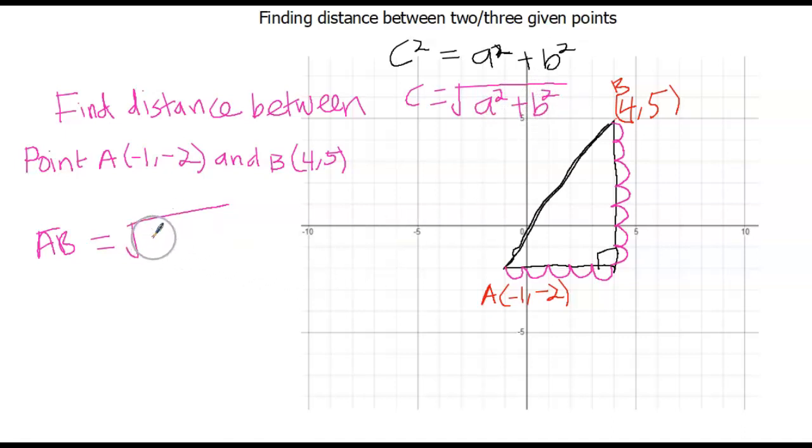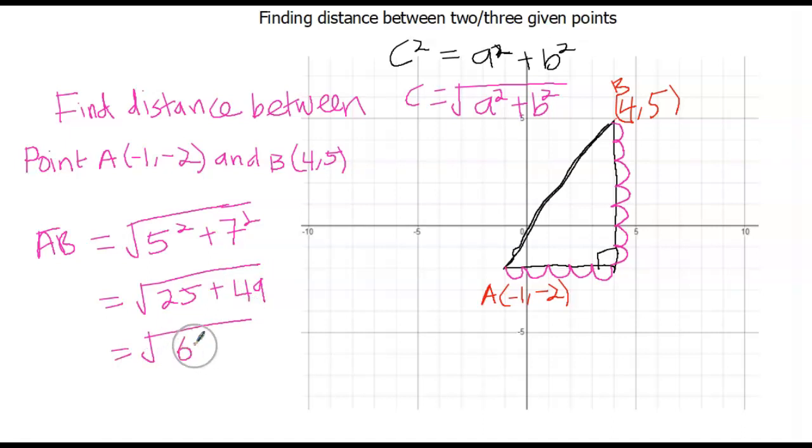So here it's just 5 squared plus 7 squared. 5 squared is 25, and 7 squared is 49. Put it together, we get 74. And then the square root of 74 gives us about 8.6 units. Here I'm putting a unit because they didn't give us the exact one, but it could be anything. It could be centimeters, it could be meters.